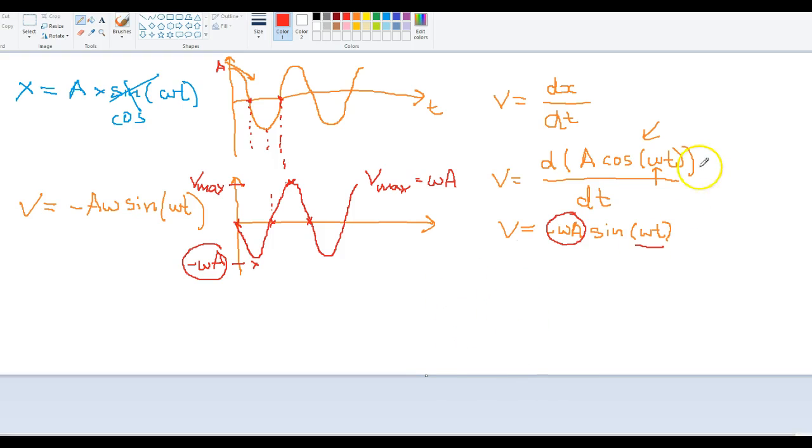Lastly, we're going to look at the acceleration. The acceleration, you will know, is the rate of change in velocity, which I think you would agree, because it's the second differential of this, is d squared x by dt squared.